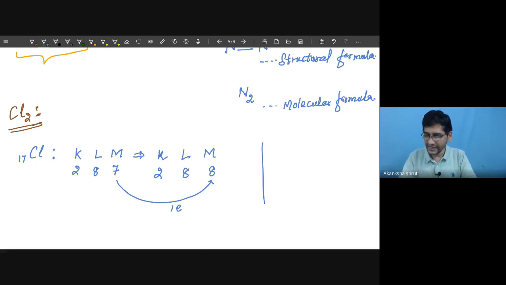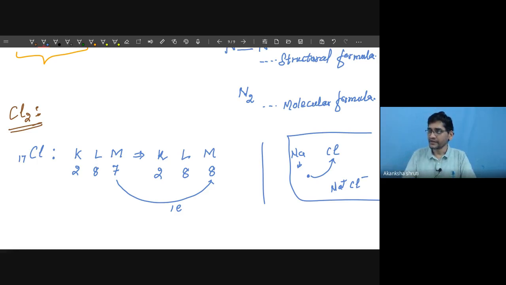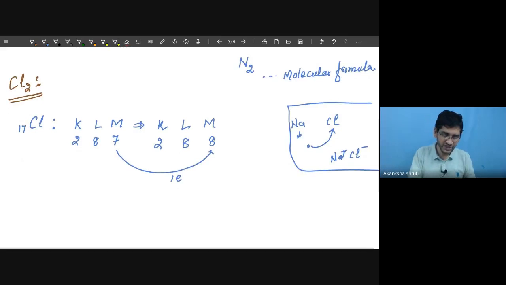This gaining is possible if there is Na and Cl, as we observed: sodium was able to give 1 electron and it transferred to chlorine, and Na plus and Cl minus were formed. But if sodium is not there, and only a large number of chlorine atoms are there, how can the octet be achieved?